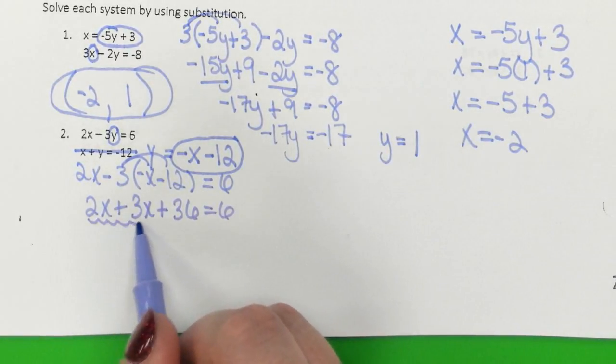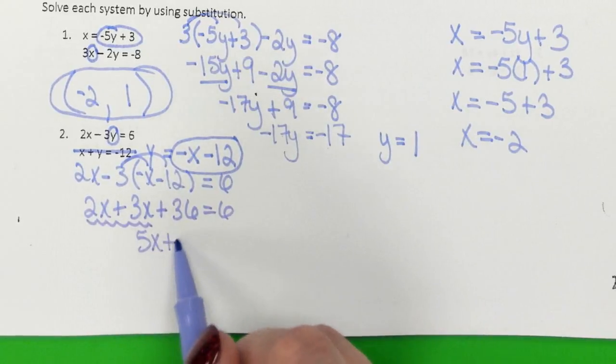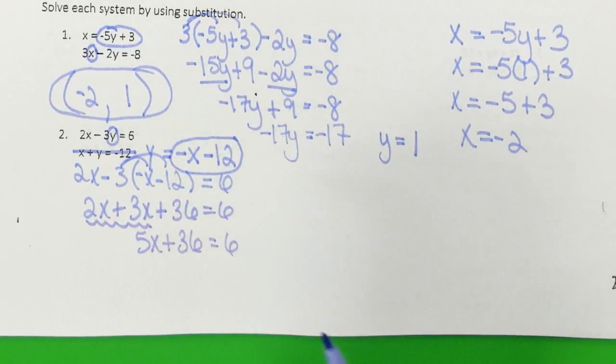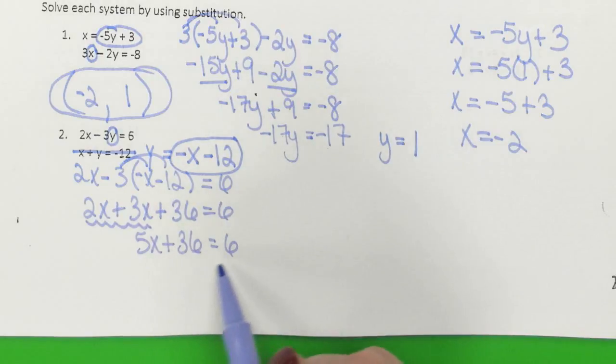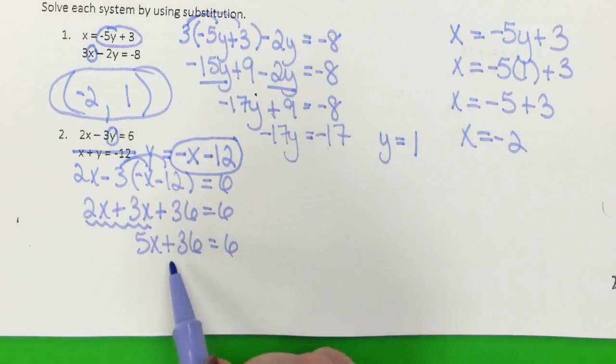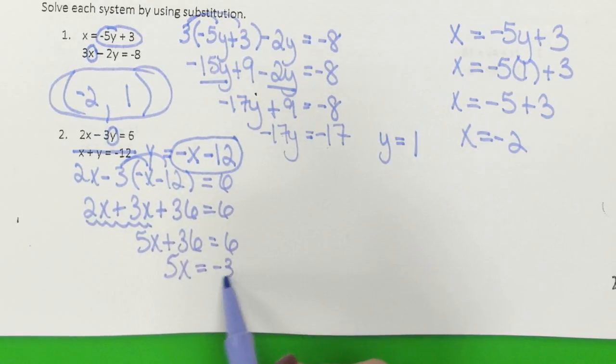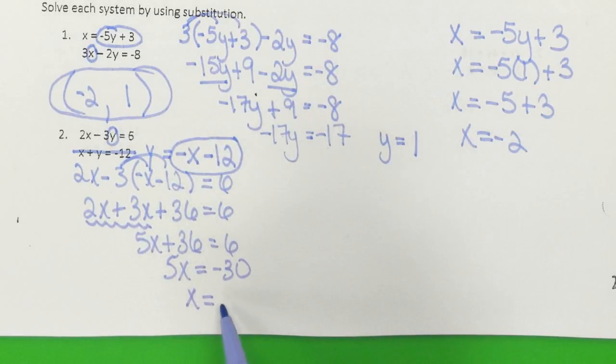We're going to combine like terms. We're going to move that 36 to the other side by subtracting. Divide by 5, and what's our x value? Negative 6. Perfect.